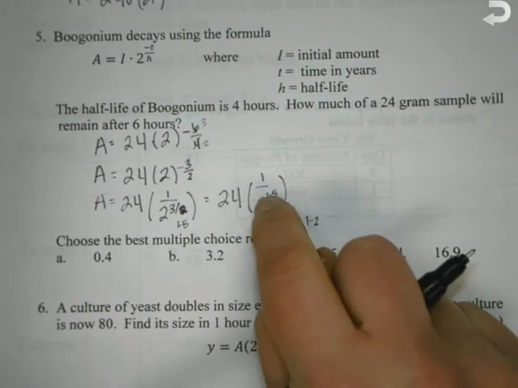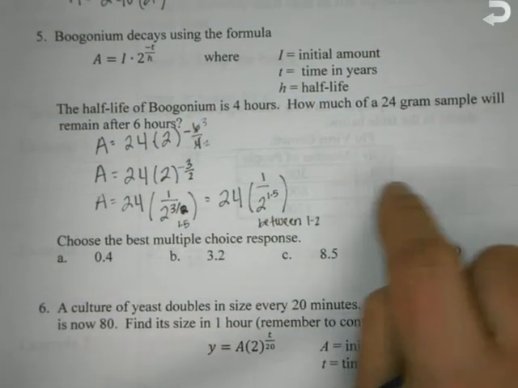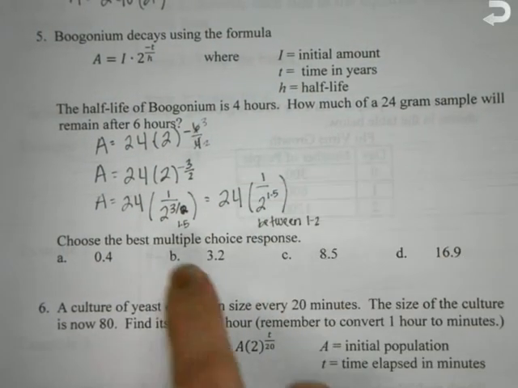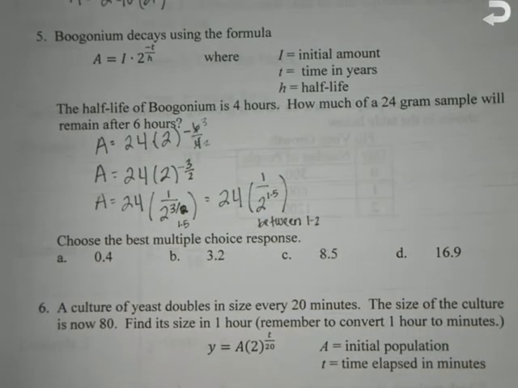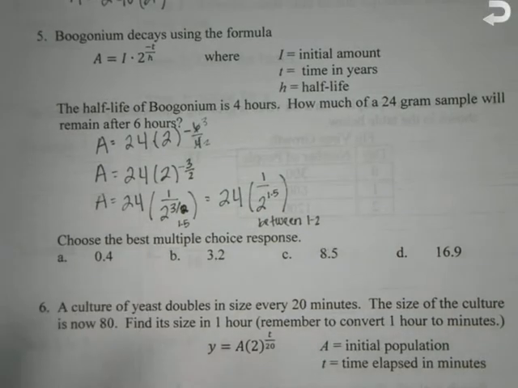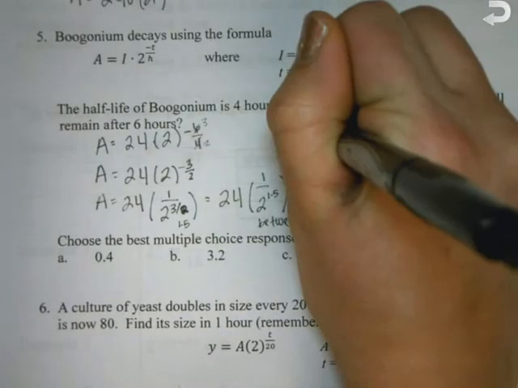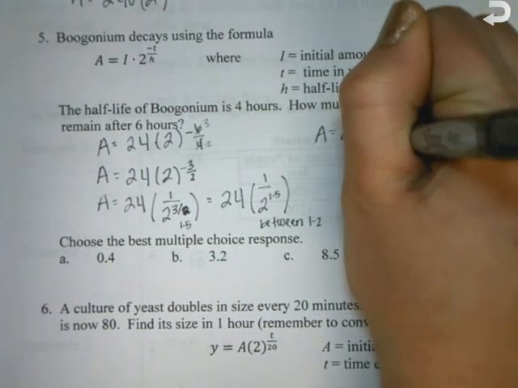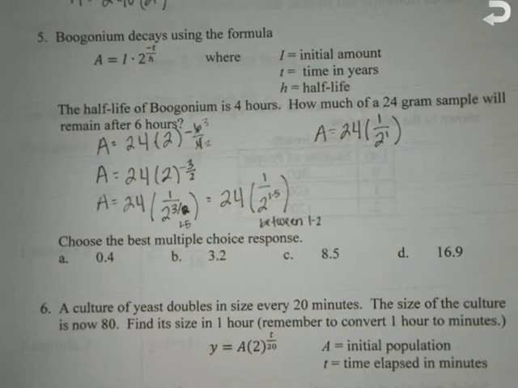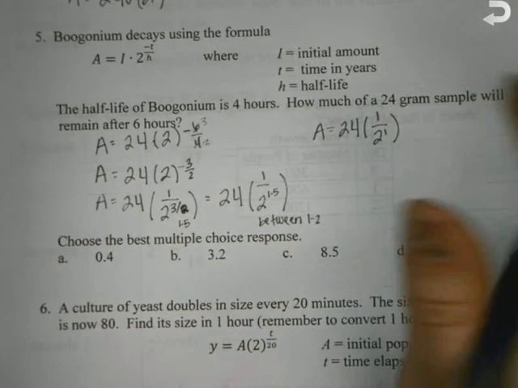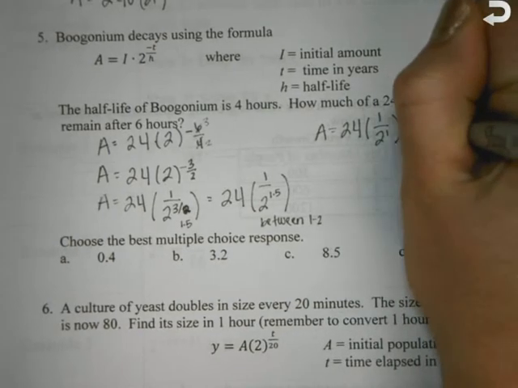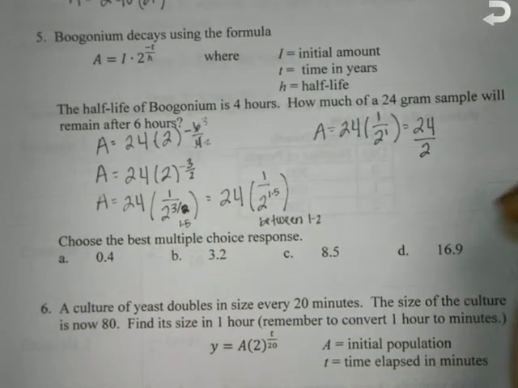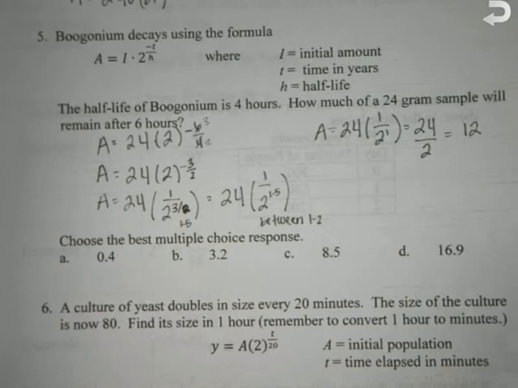Okay, so let's do 24 times 1/2 to the first power, which is just the same as 1/2, right? So this is 24 over 2, which gives me 12. Or 24 times 1/2 to the second power, which is 24 over 4, which is equal to 6.